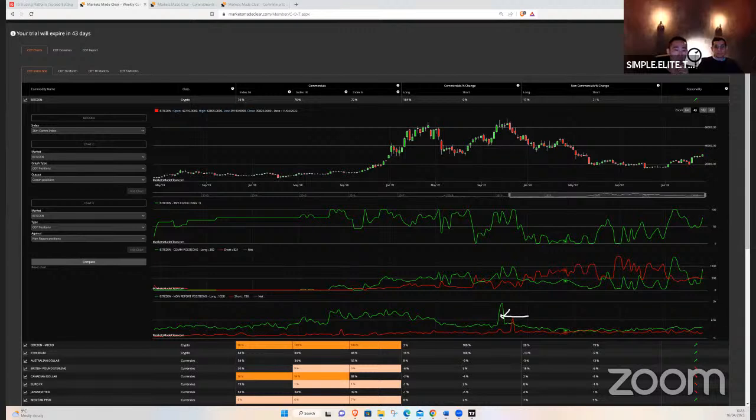FOMO, listen to Bloomberg and CNBC. Elon Musk is going to push Bitcoin to Mars, not to the Moon, to Mars. And Bitcoin is going to be $1,000 and then create a lot of fear of missing out. People jump in and buy. This will track that. So I'm going to change to a green line.